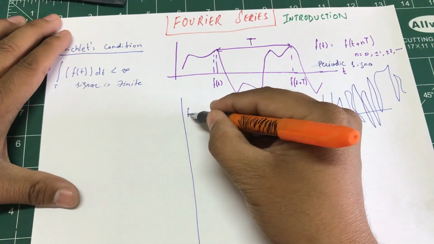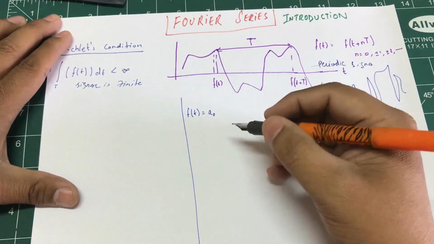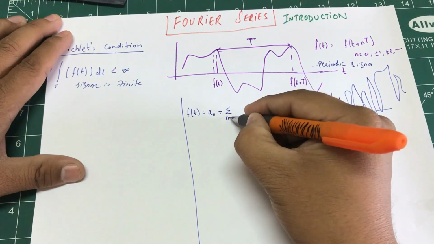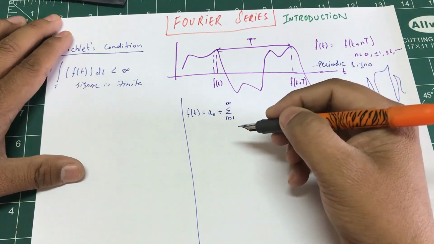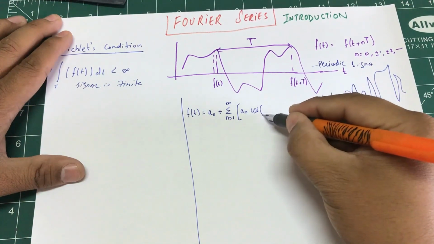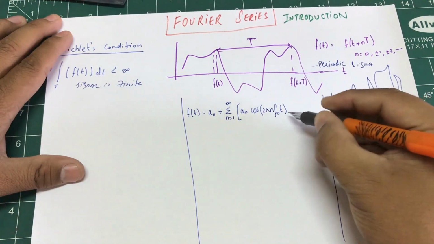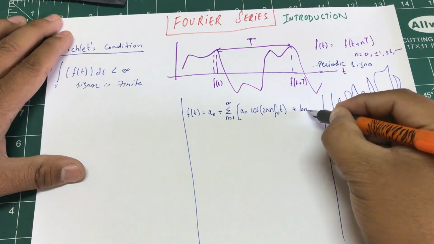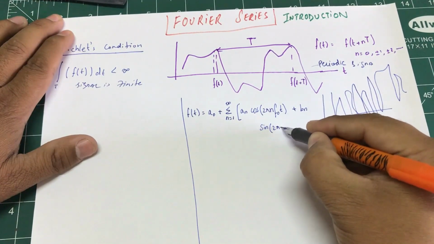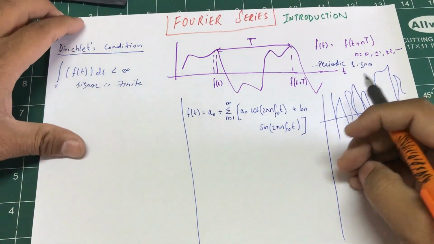The Fourier series, f of t, is given as a naught, plus the summation where n is going from 1 to infinity, of an cos 2 pi n f naught t plus bn sine 2 pi n f naught t. All right, so this is the definition.